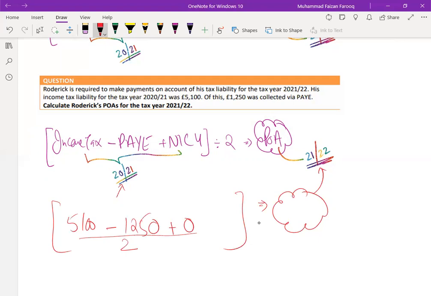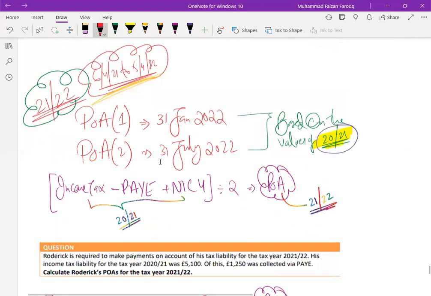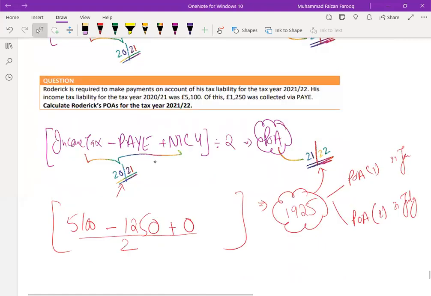So what is the divide by 2 answer? 1925 POA 1 and 1925 POA 2, due 31st Jan and 31st July 22. These are the due dates which we learned. That's it for how to calculate POA. Any questions?